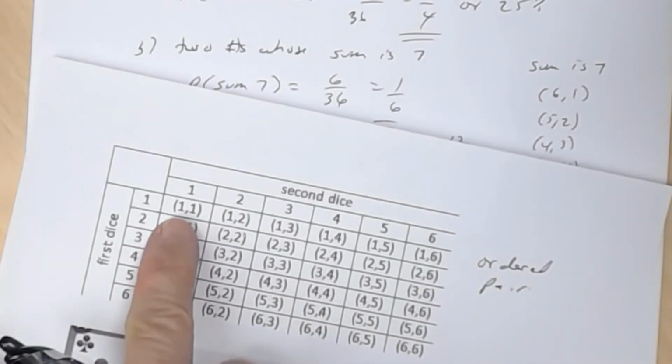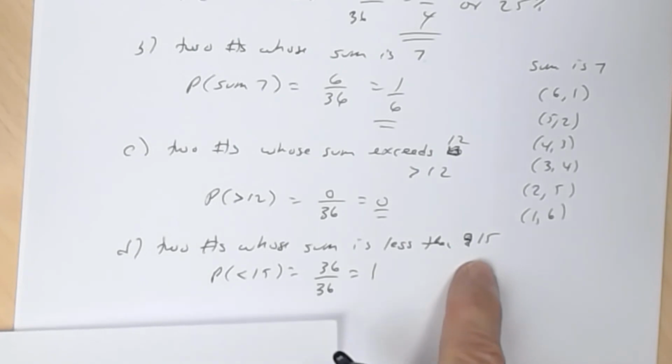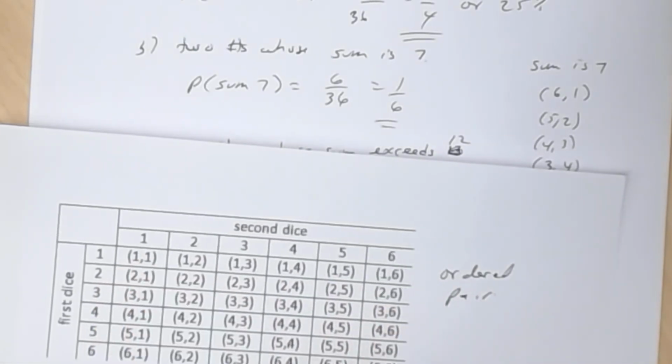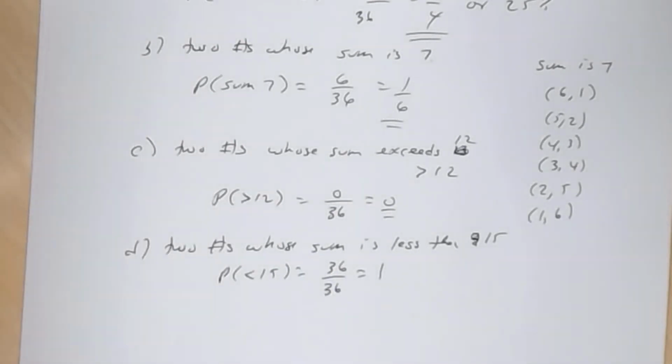Because all those pairs, when you add them up, are less than 15, right? So how many are there? 36. How many total outcomes in your sample space? 36. So 36 divided by 36 is 1. Okay? All right, let's take another example.